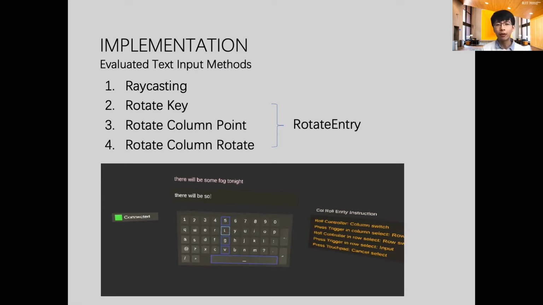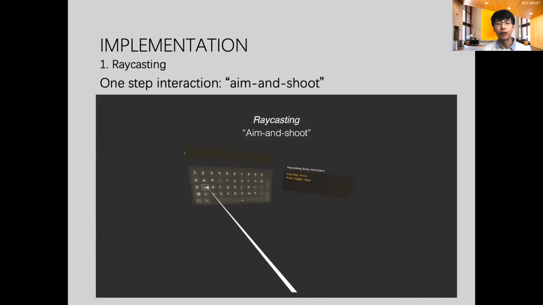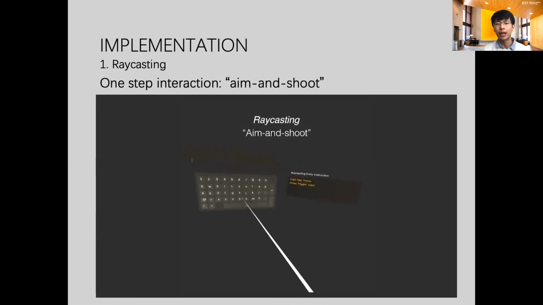All of these 4 text entry methods share the same QWERTY keyboard layout to eliminate potential effects. Raycasting is a mainstream VR text entry solution. For keystroke, the user casts the virtual ray to a particular key on the keyboard.